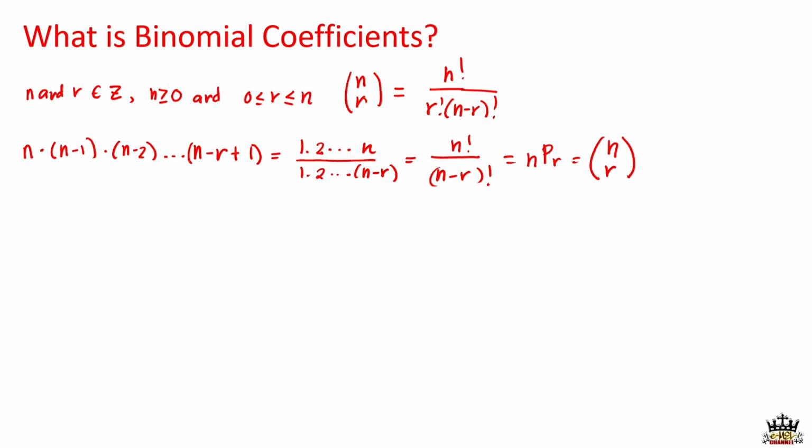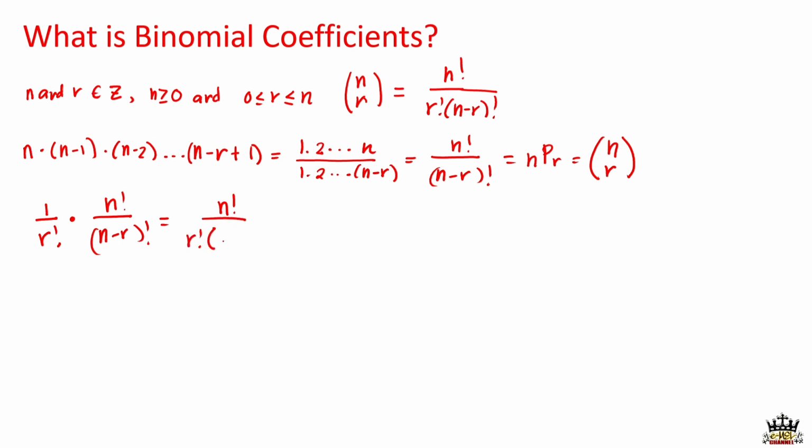Hence, the number of ways of choosing r objects from a set of n without regard for order is 1 over r factorial times n factorial over n minus r factorial, which is also known as n factorial over r factorial times n minus r factorial.